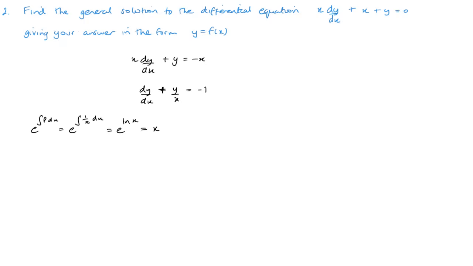So in this case, it was already in that form. So x dy by dx plus y equals minus x. If you had spotted this was in the correct form right from the start, you could have skipped this step, but just rearranging and doing this step, you'll always get it right.